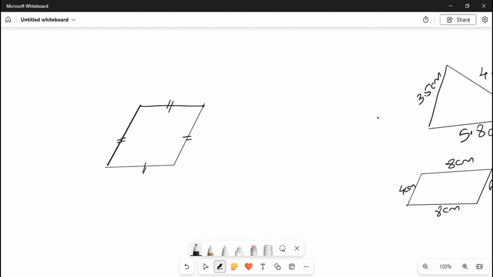So if you take this as 8 centimeter, all four sides are 8 centimeter. Therefore, the total length is the perimeter. 4 times 8, 32 centimeter. Right. So now let's come to the compound figures.